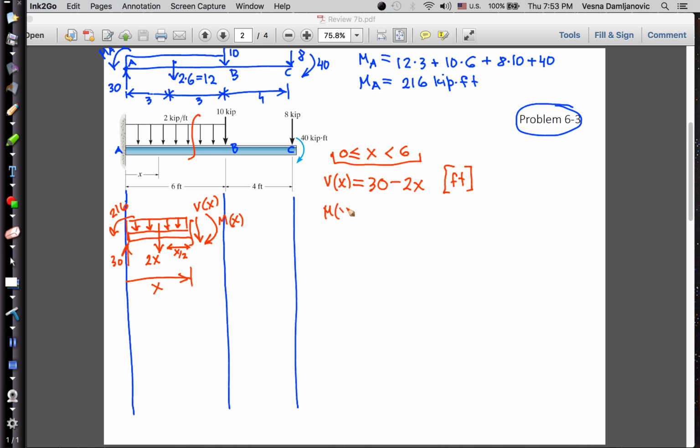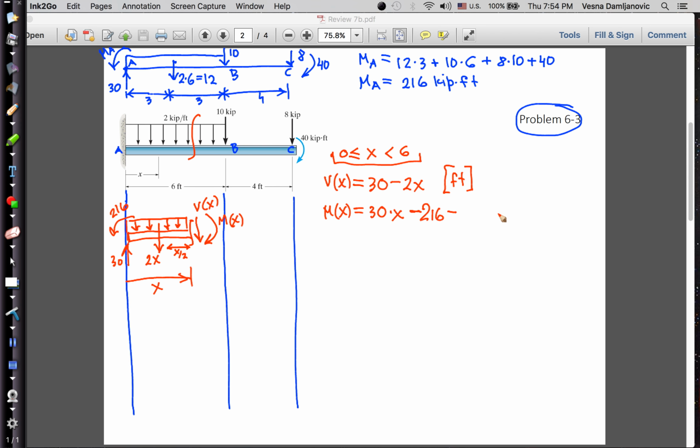Now let's write the moment with respect to x. The moment around this point of all these things. So the 30 will have a moment. It will be 30, it's in this direction, so it's positive, times the entire distance, which is x. Then minus 216, right? Minus 216, because we said when it's in this direction, that's negative. When it's in the up direction, it's positive. So minus 216, and now we have to account for this guy, which is 2x acting half of x away from that point.